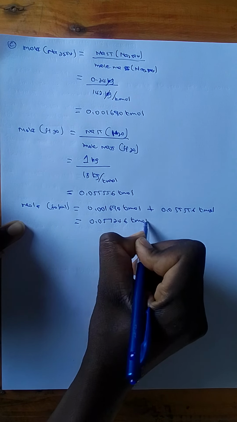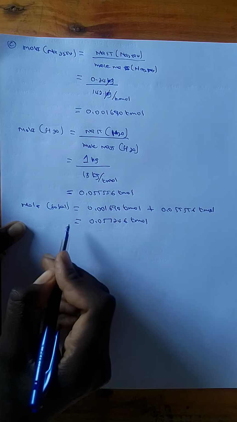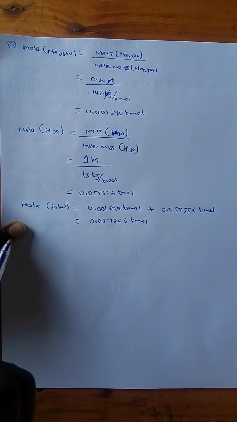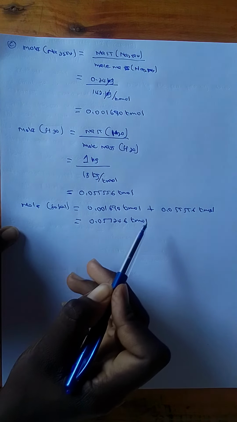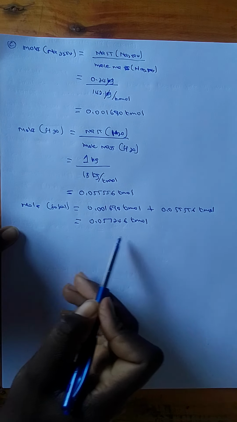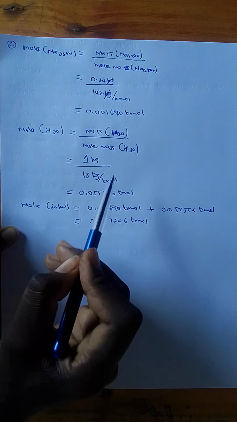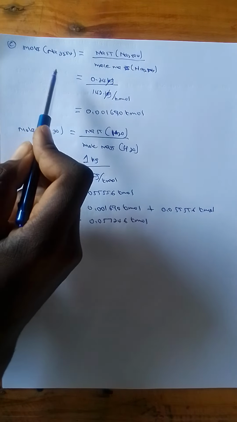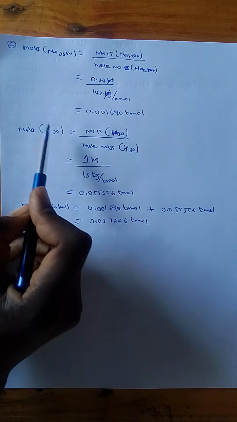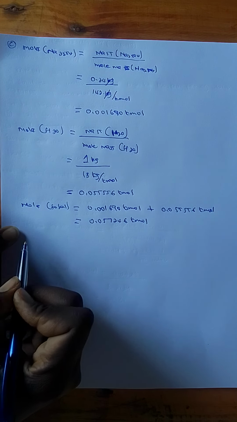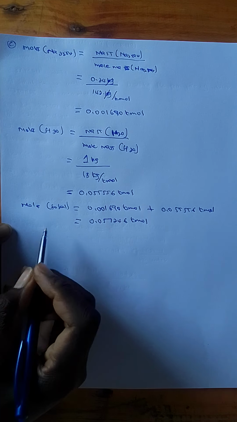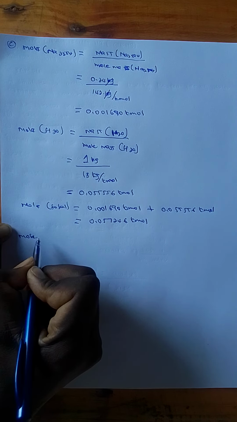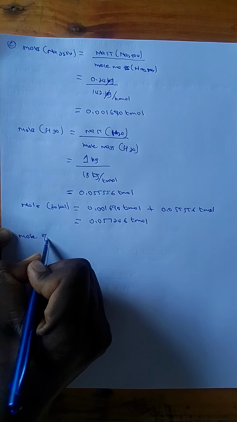That equals 0.057246 kilomole. This is our total kilomole, but our question says they want the mole percentage. But now that we have the total kilomole of the solution, and we also have the mole of each individual, both Na2SO4 and H2O, we can easily calculate the mole percentage. Now it becomes just some simple arithmetic.